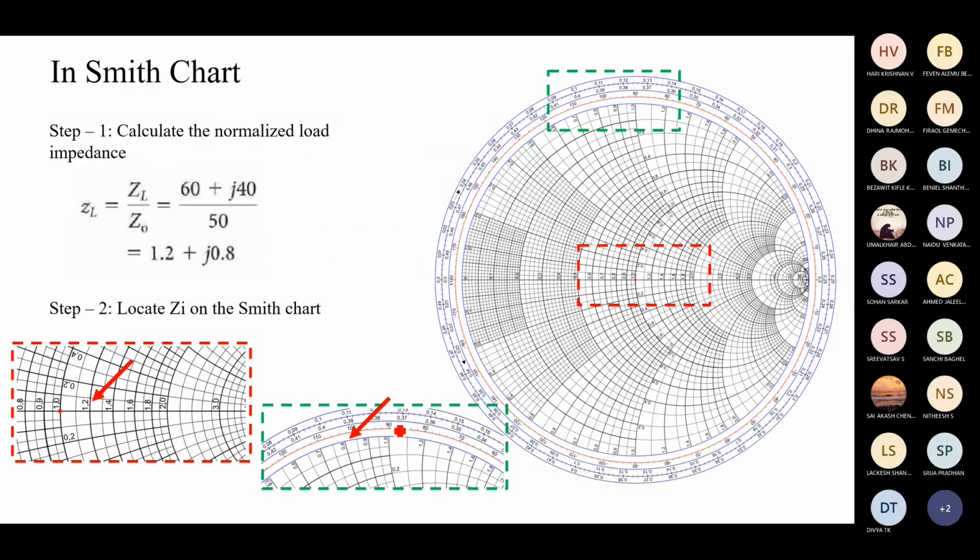For that we have to take the Smith chart and first map the ZL. So how to map the ZL value? First we have to say what ZL is. ZL is nothing but 60 plus j40, and this value is supposed to be normalized. After normalization, we will use a small letter for it.